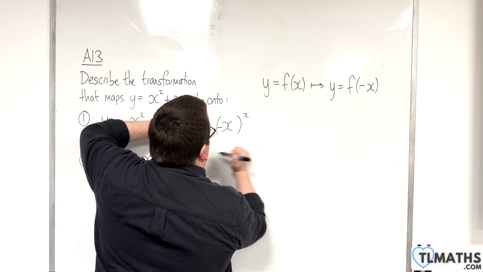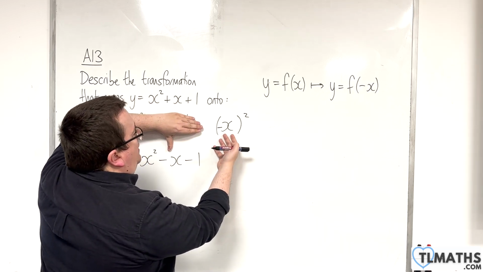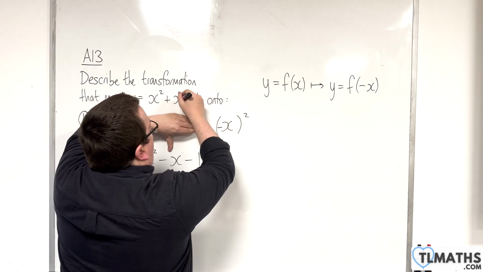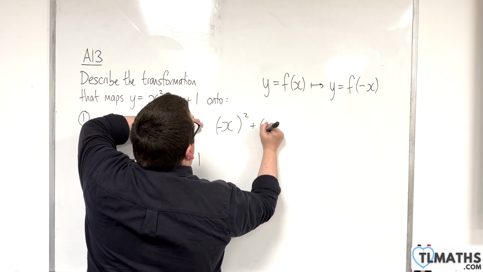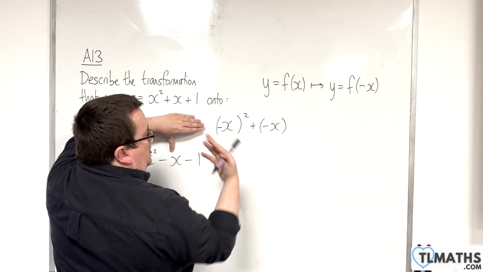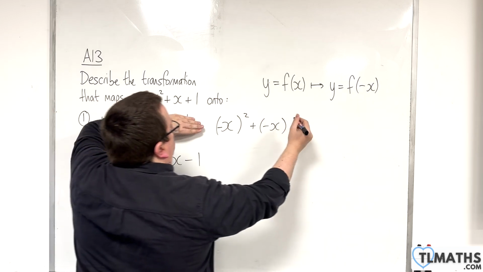So in this scenario, we're replacing the x with minus x, so you must make sure you put a bracket around it. Then you've got this x that also gets replaced with negative x. I'm just going to put a bracket around it there just to emphasize it. And then we've got the plus 1.